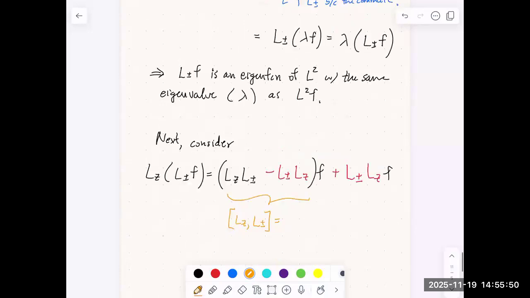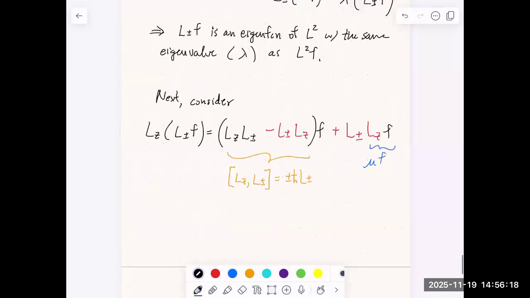So we're starting to use some of these results that we've worked out. And we already said f is going to be an eigenfunction of Lz. And we, for the moment, have identified its eigenvalue as mu. We don't know what it is. We just said, let's call it mu for now. So this is mu times f.